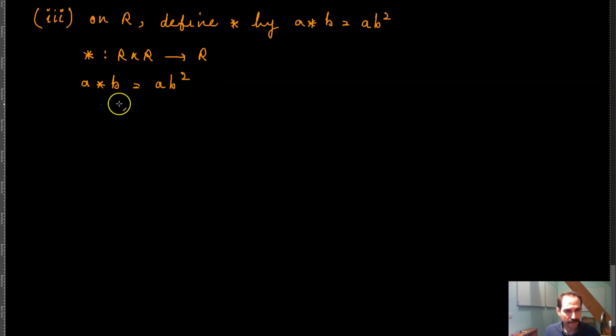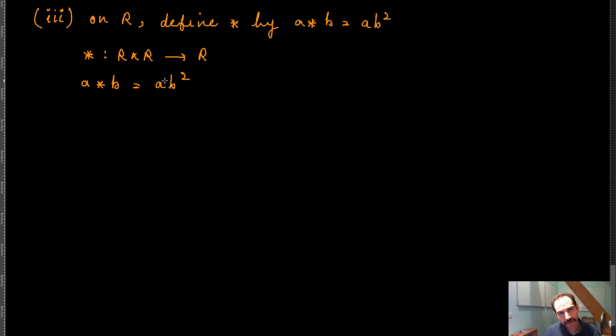And what that means is that any A comma B that you take in R, in the Cartesian product of R and R, then B will be raised to the second power, which is again a real number. Then that real number is multiplied by A, which is a real number as well.